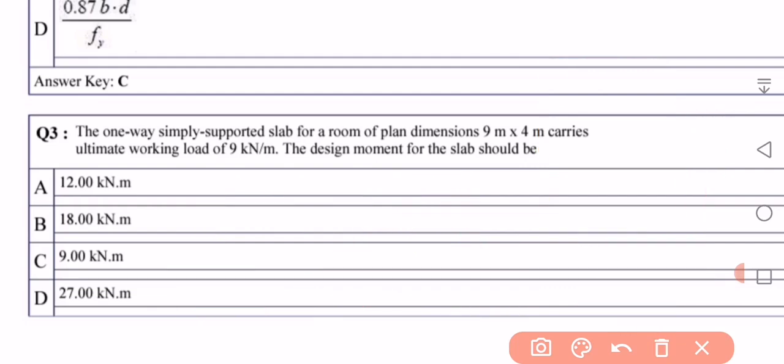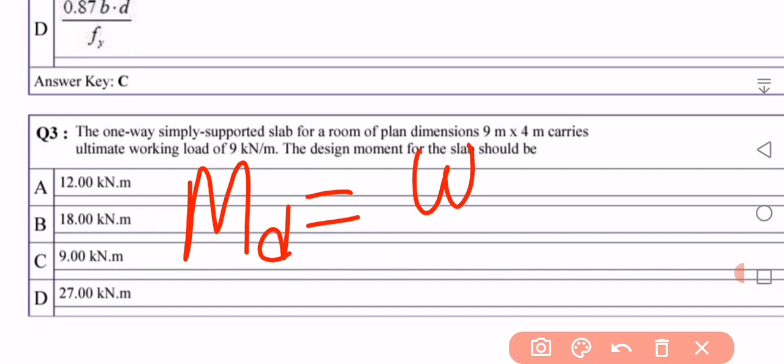Then we know that design moment is equal to W L square upon 8.